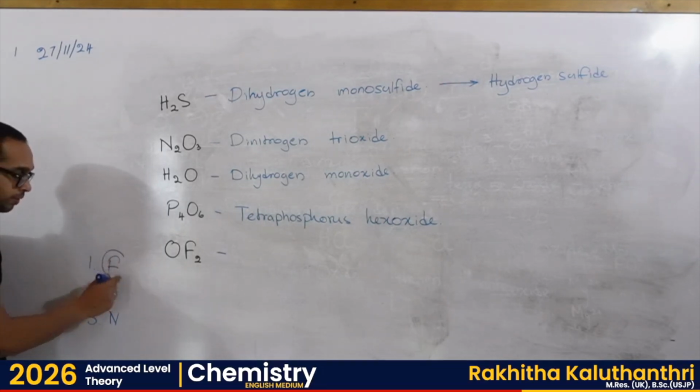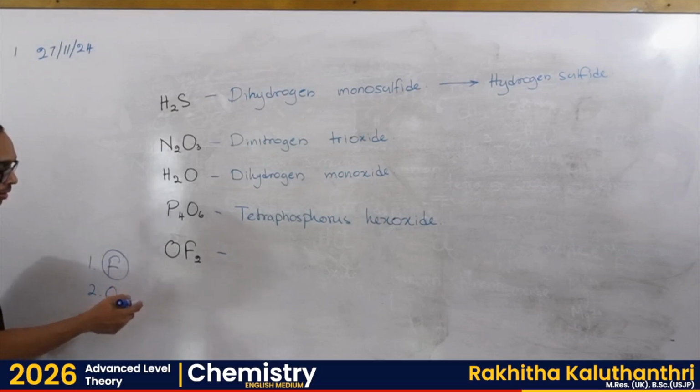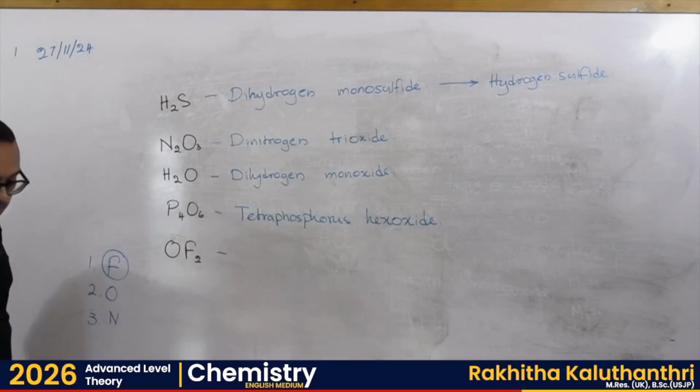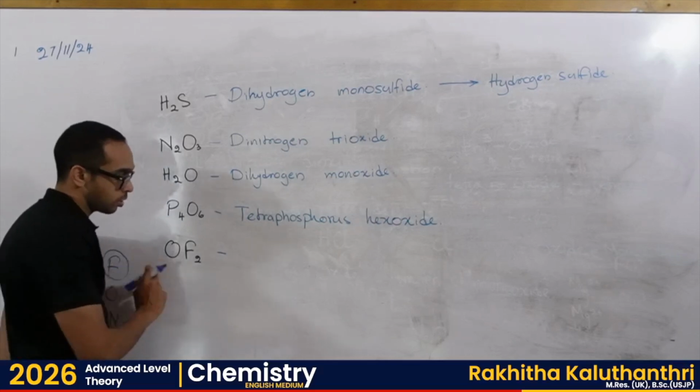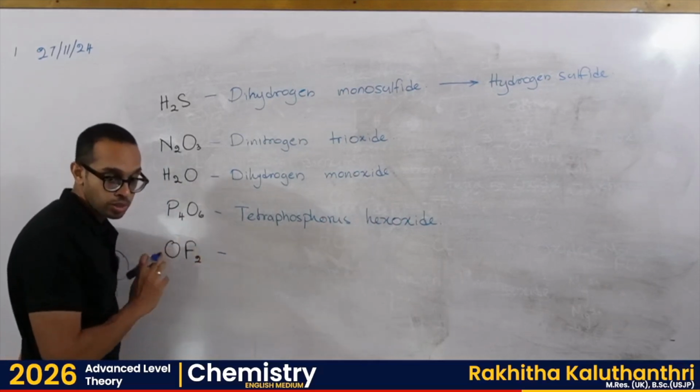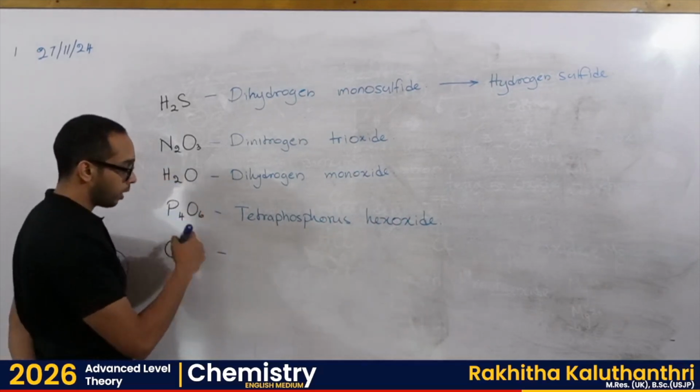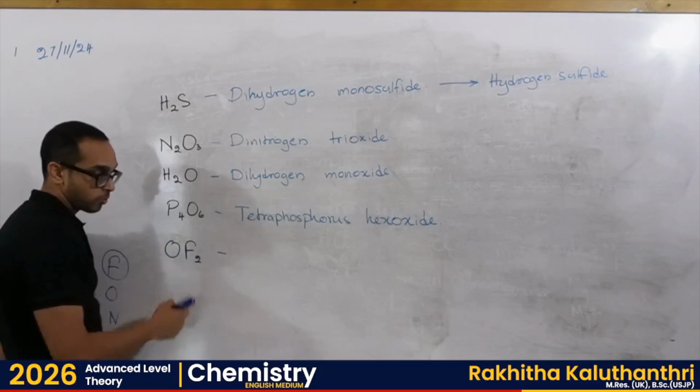So the more electronegative element's name is written second, and the less electronegative element is written first, and the oxygen over here actually has a +2 oxidation state, a high oxidation state. Why? Because it is connected to fluorines.